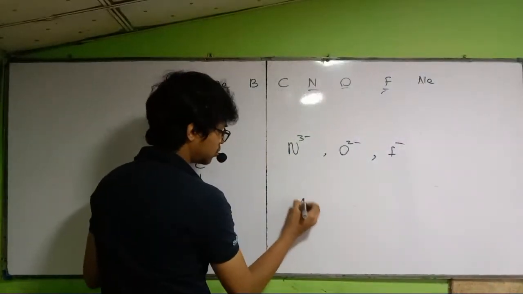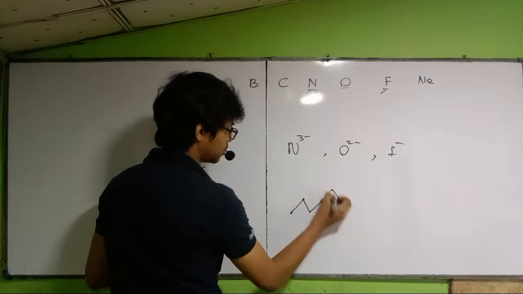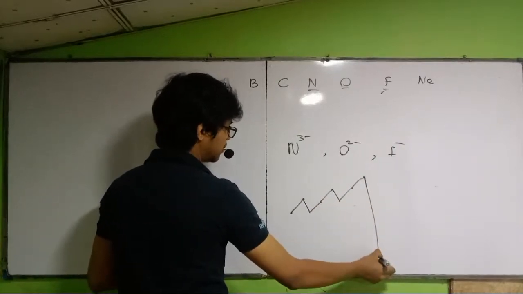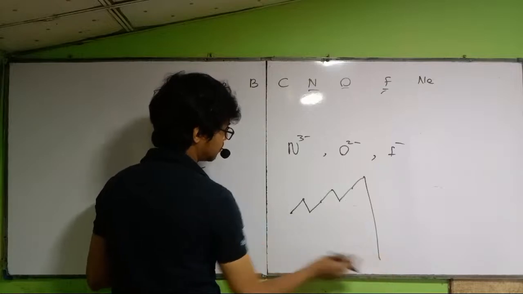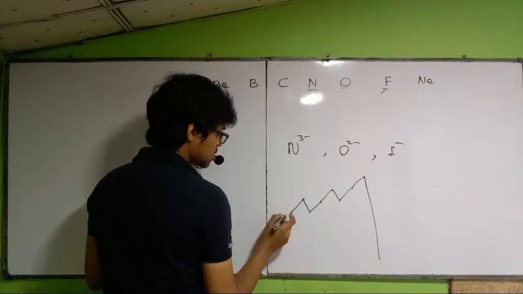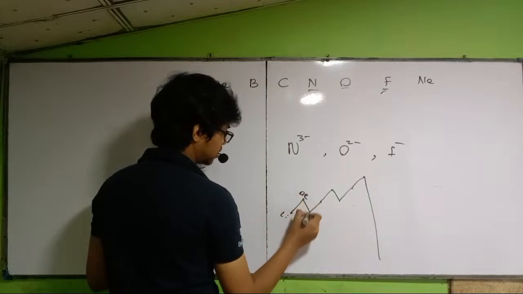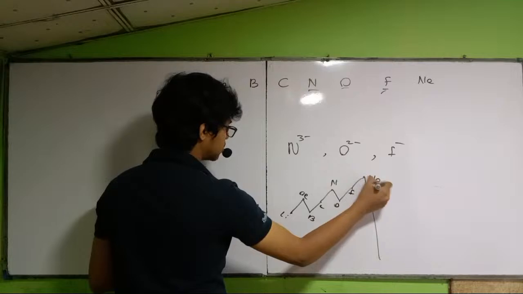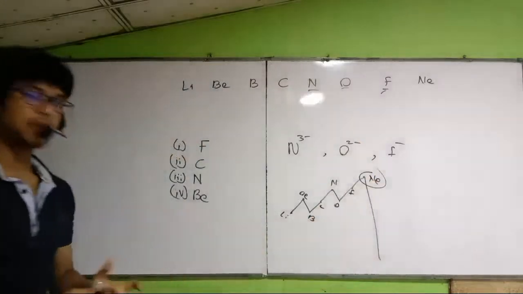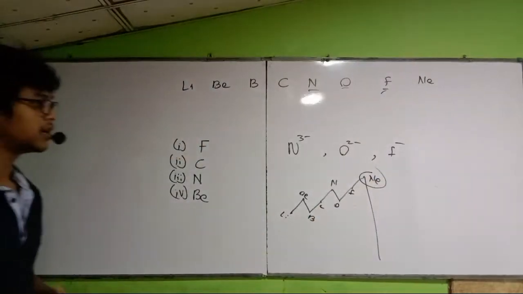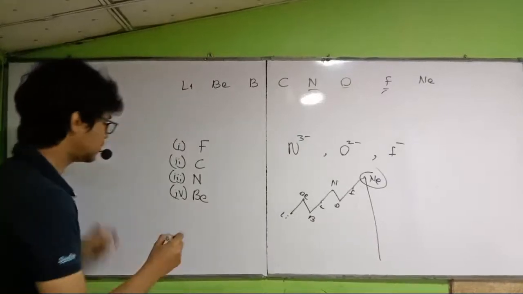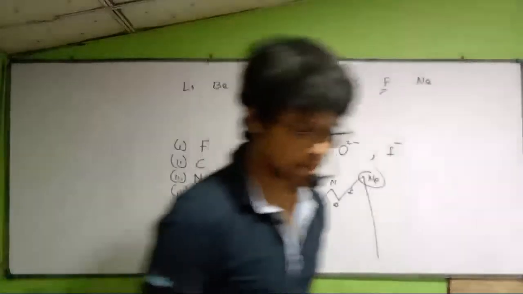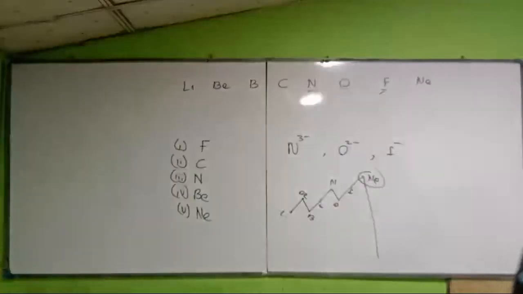This is how we made it. Lithium, beryllium, boron, carbon, nitrogen, oxygen, fluorine, neon. They're asking from the second period, so neon is the answer. Fifth one, neon.